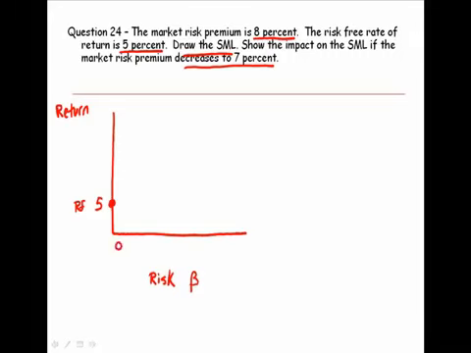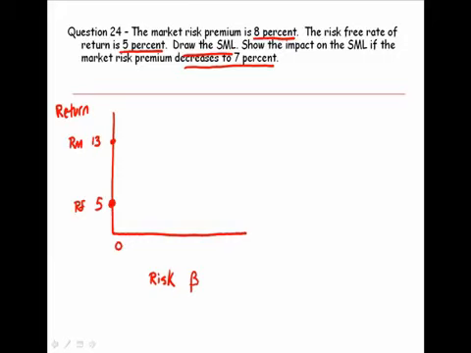All right. We also know that the market risk premium is 8%. That is, investors want 8% on top of the risk-free rate before they will invest in the market. So if we start at 5 and we go up 8%, that's going to take us up here to 13%, which must be our market return. Investors require 13% to invest in the market, which gives us a market risk premium of 8%.